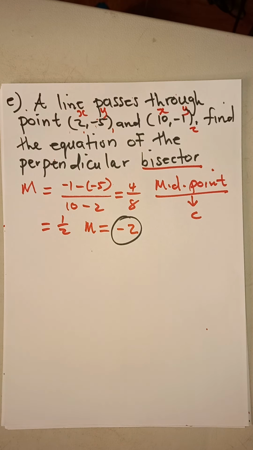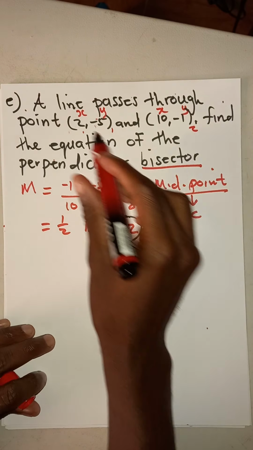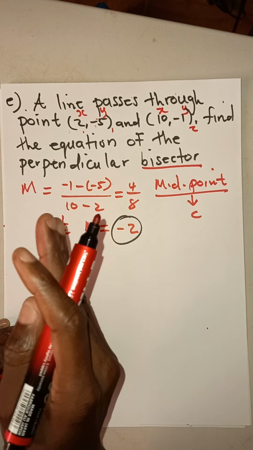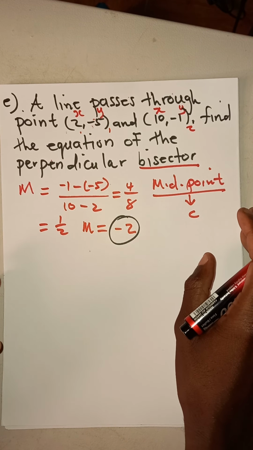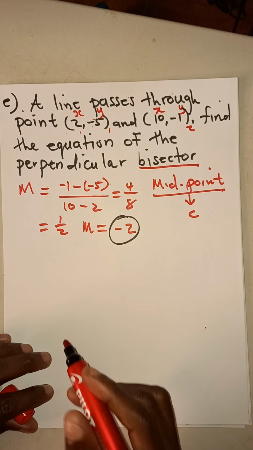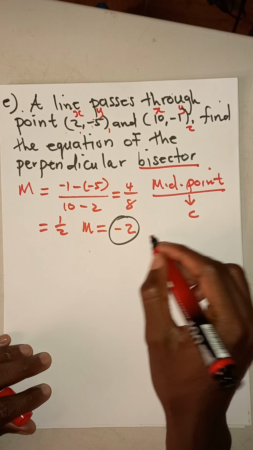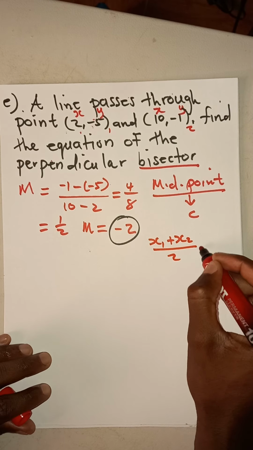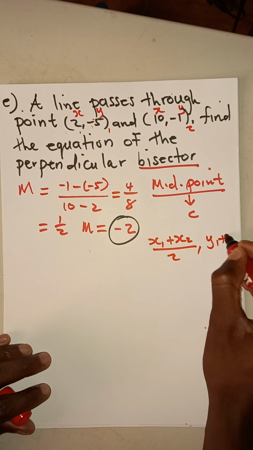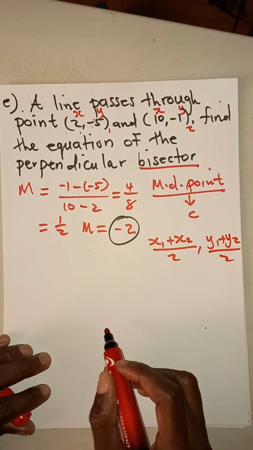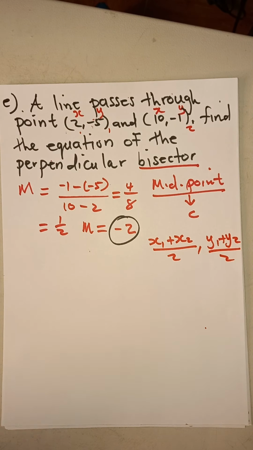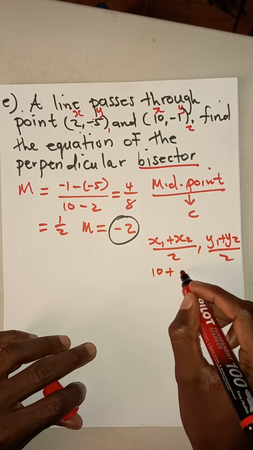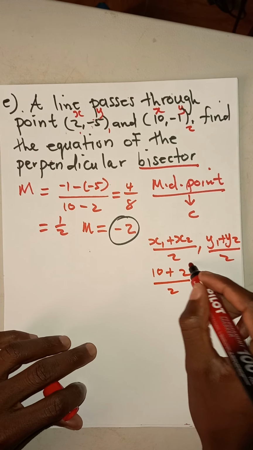Now the next step is we need to find the midpoint of that line. Bisector means a line that is cutting at the middle. Okay, so calculating the midpoint is very simple. If we remember, you take x1 plus x2, we have it, y1 plus y2, we have it. So let's just proceed and do the math. So we take 10 plus 2 over 2.